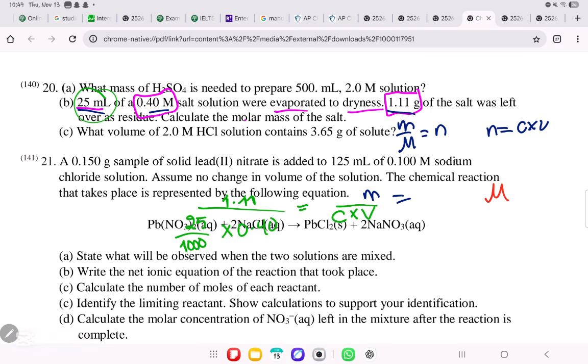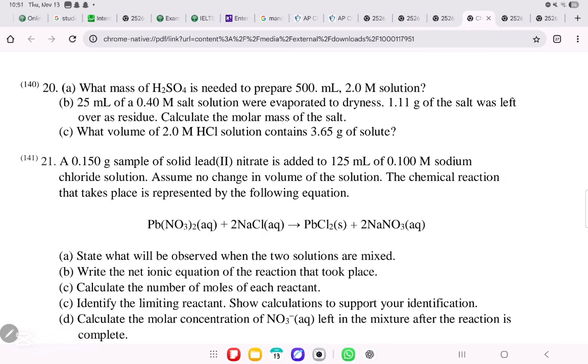So 1.11 over 25 divided by 1000 times 0.40. This will give me my molar mass M to be 111 grams per mole. So that's it for this question.